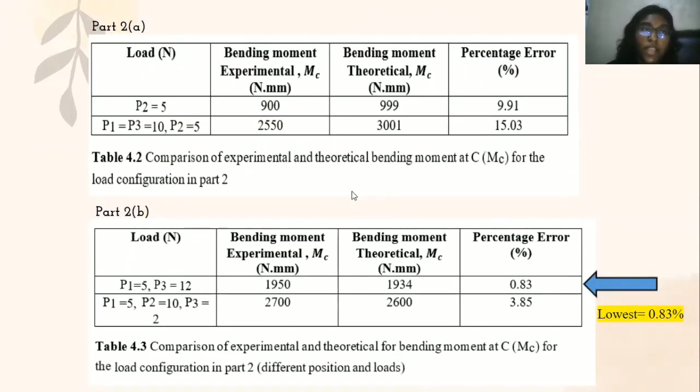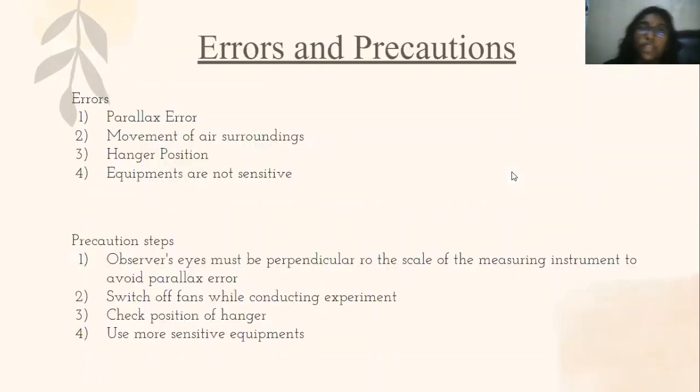A large percentage error shows that the experimental data differ a lot from the theoretical value calculated. This indirectly indicates that the experiment was not conducted accurately, as errors may have occurred and precautions were not taken. So there are some errors and precautions in the experiment.